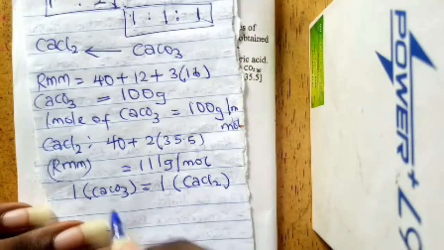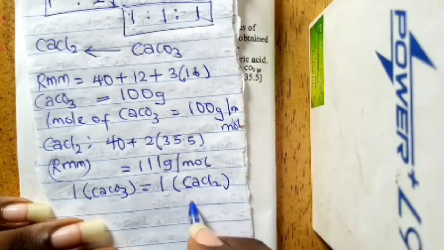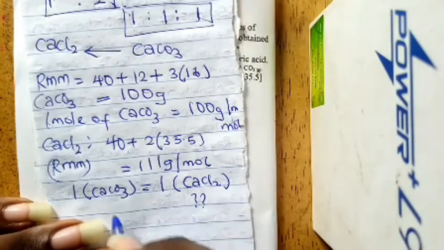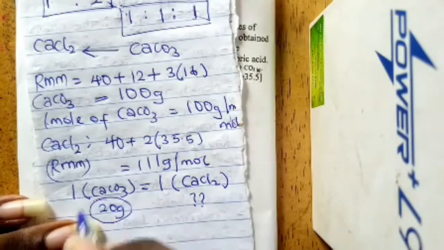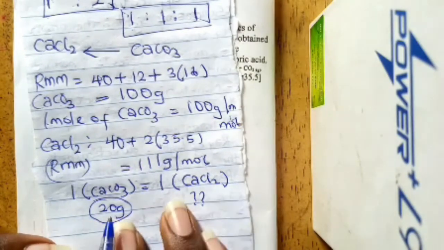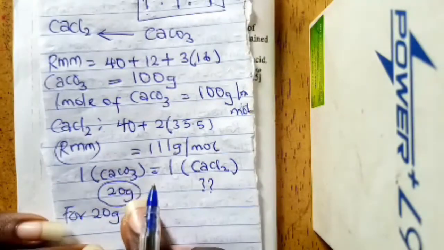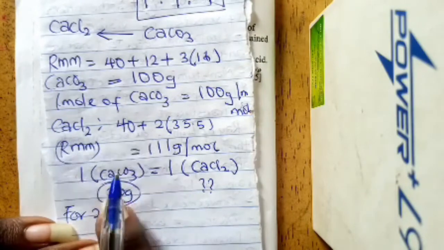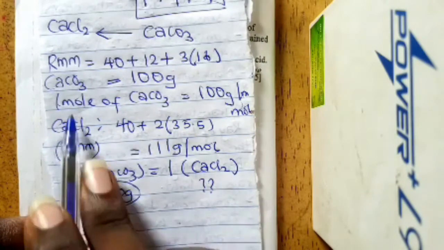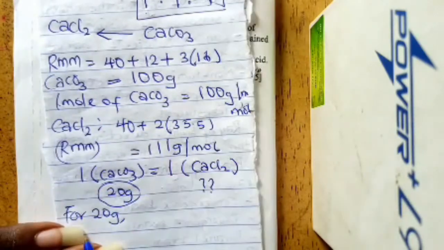So now we are told how many moles of calcium chloride will be formed from 20 grams of this. For 20 gram, we need to find the number of moles that 20 gram contains. 1 mole contains 100 gram. How many moles will 20 gram contain?